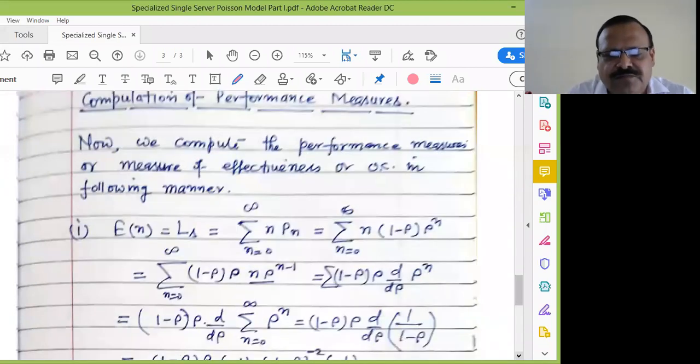You remember that we had discussed the performance measures, which are popularly also known as measures of effectiveness, operating characteristics, or measures of performance of the system. There are several names for this, but in case of the general Poisson queue, we did not dwell upon the simplification and calculation of the performance measure.